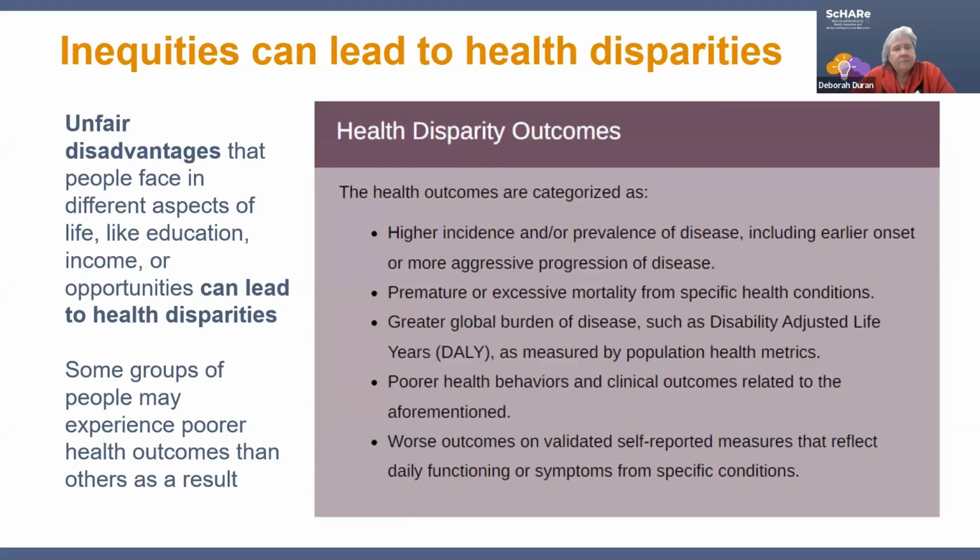This is very important because prior to this definition, which is in the AJPH journal, health disparities meant a lot of different things, but this quantifies what we're actually trying to do when we're doing health disparities research: to mitigate one of these outcomes. Next.